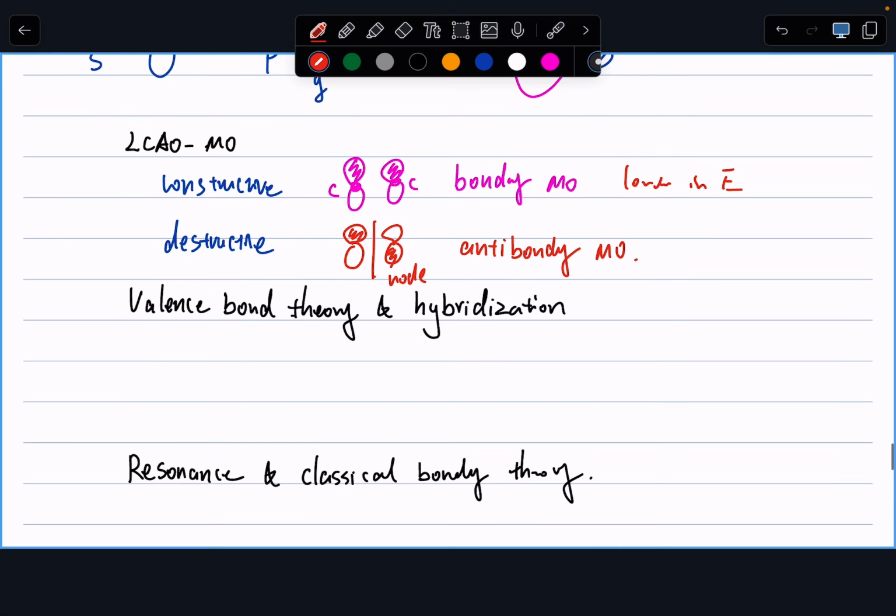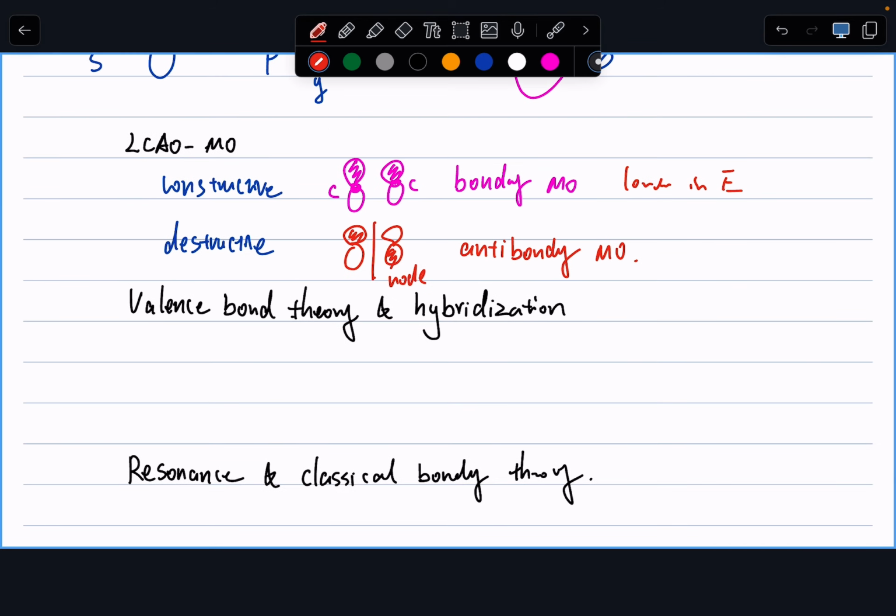Alternatively, we have valence bond theory alongside hybridization. In valence bond theory, what we're taking is a product of one-electron atomic orbitals. Since we're only looking at products of singly occupied atomic orbitals, sometimes we need to hybridize the atomic orbitals so we have enough singly occupied atomic orbitals.